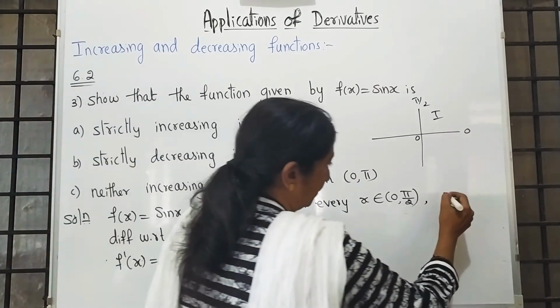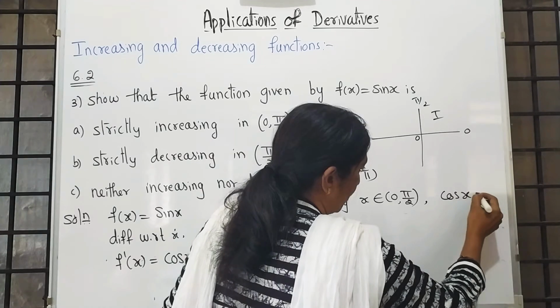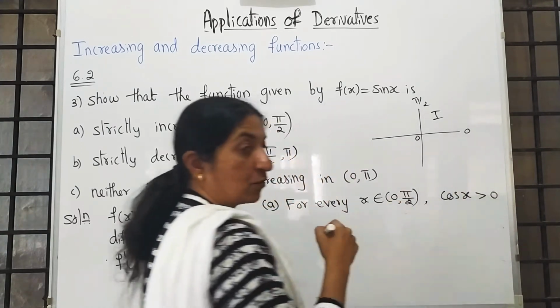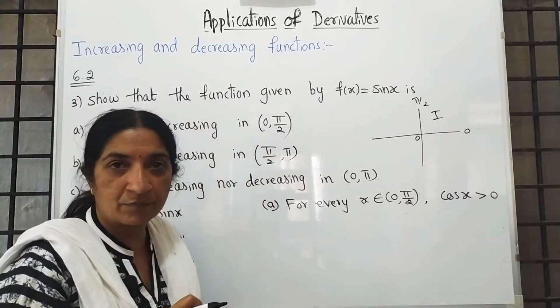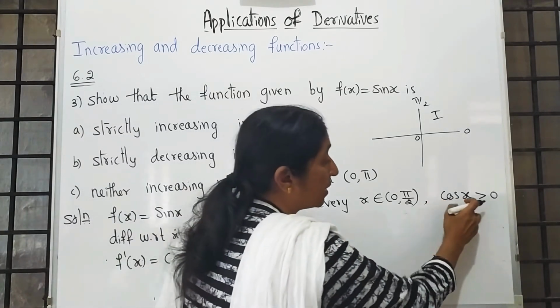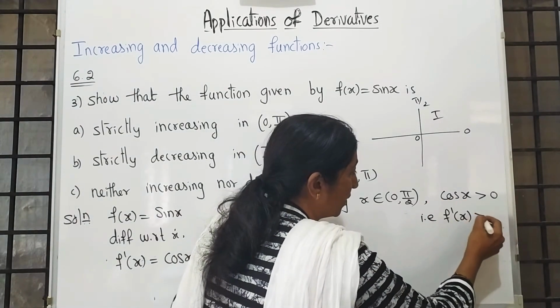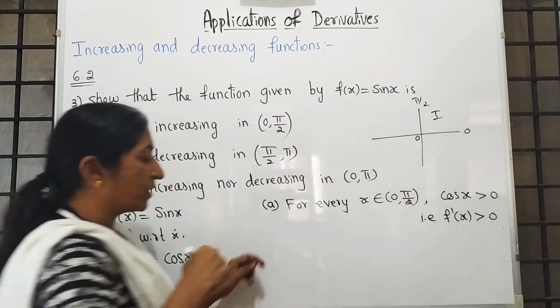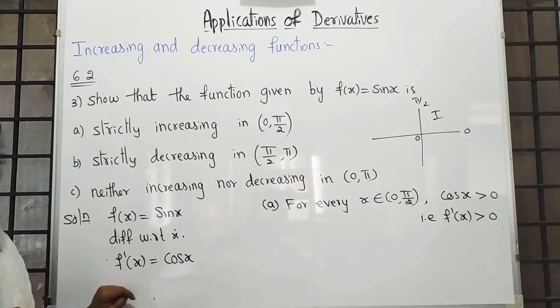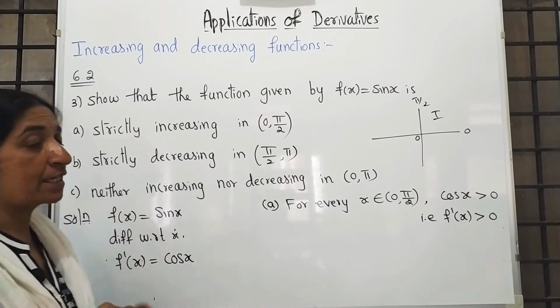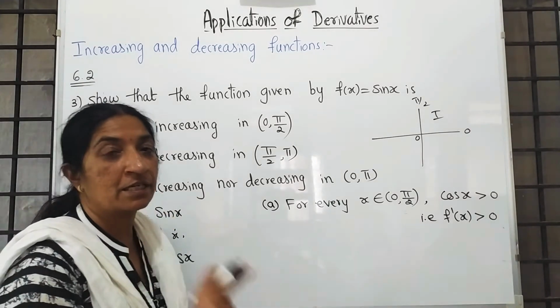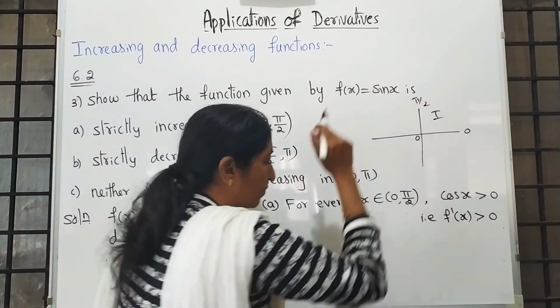Cos x. Cos x is greater than 0 because all the trigonometric terms are positive. Cos x is nothing but the first derivative. First derivative is greater than 0. See, if the first derivative is greater than 0 means the function is strictly increasing. Where it is increasing? It is increasing in the first quadrant 0 to pi by 2.